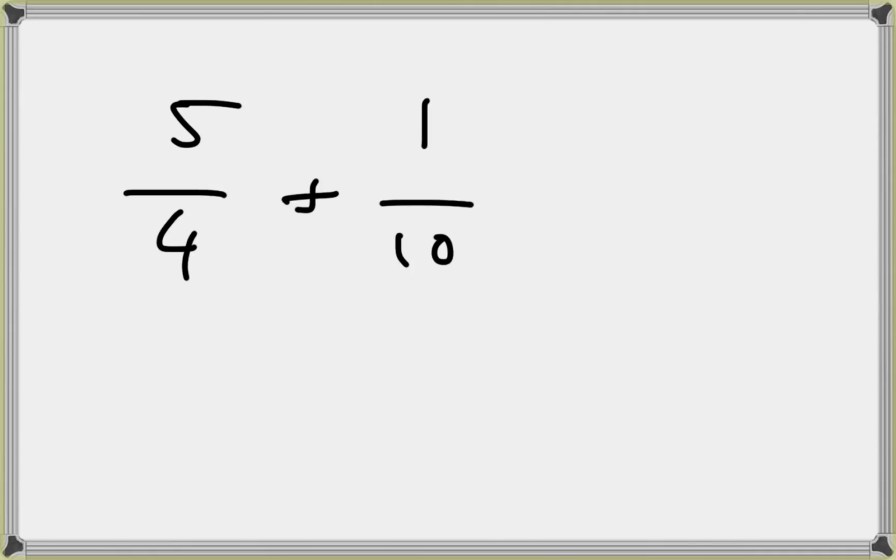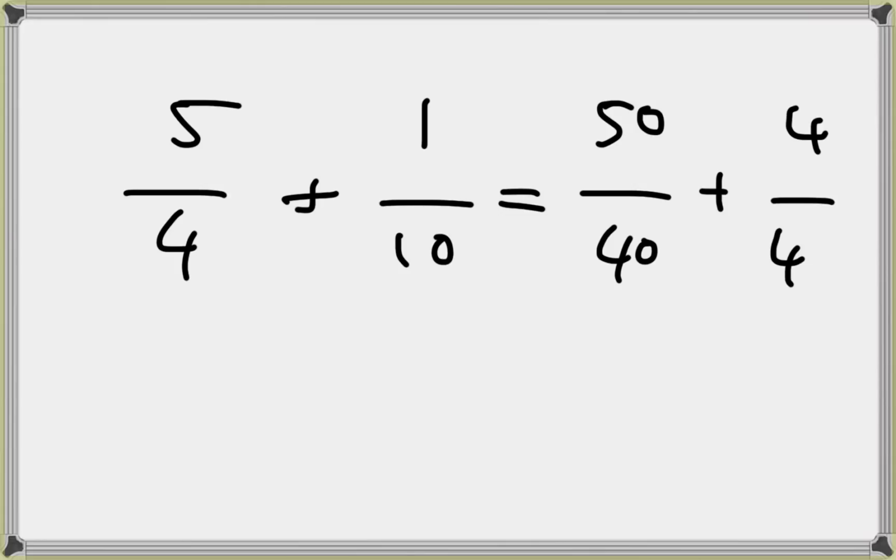Well, at this point, that is apples and oranges. I cannot add 5/4 and 1/10 together because the denominators are not the same. So let's fix that by saying you're trying to add 50/40 to 4/40. And now I am in business.